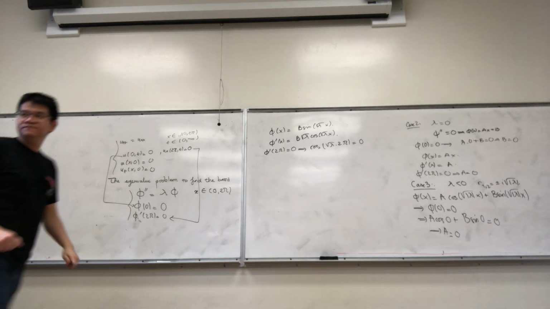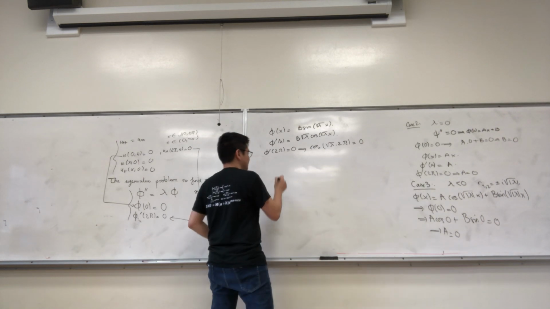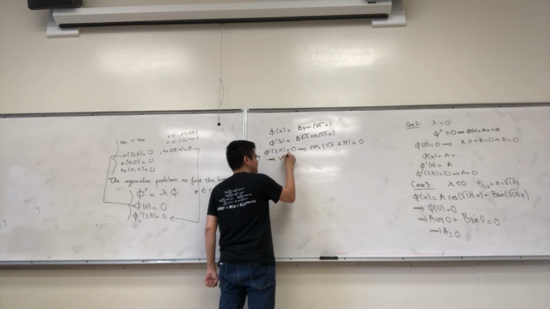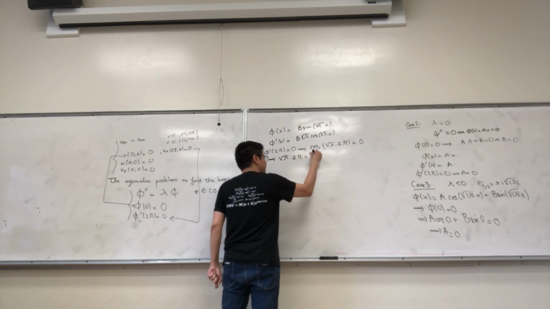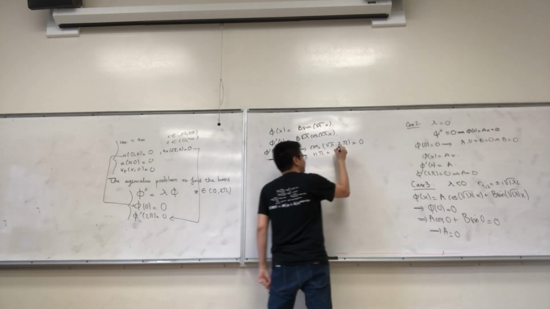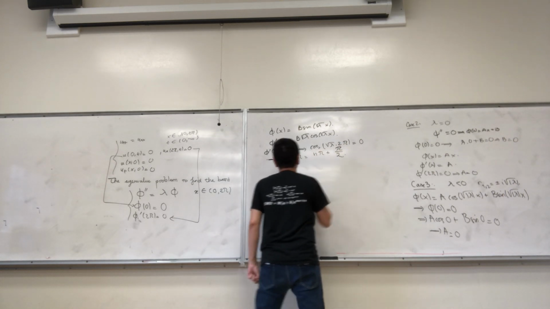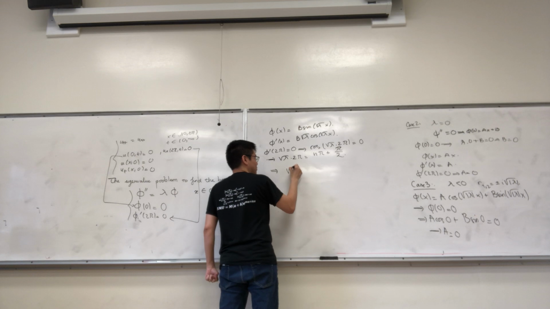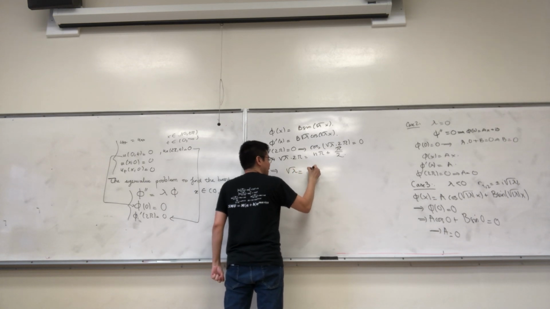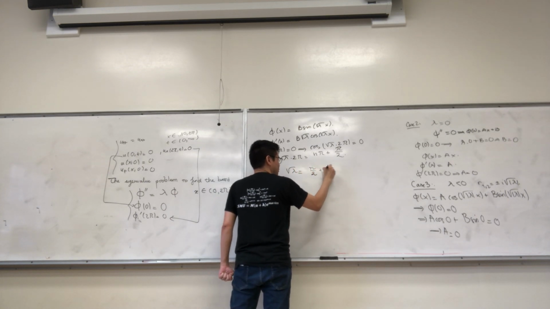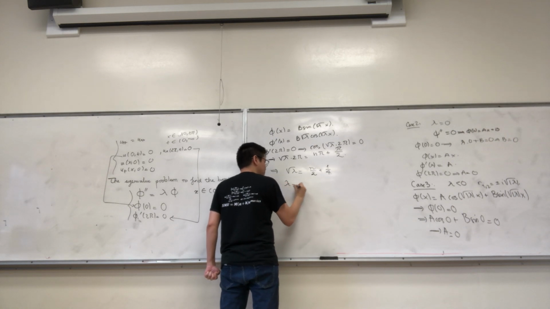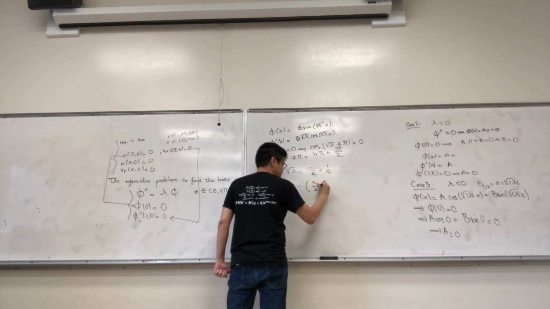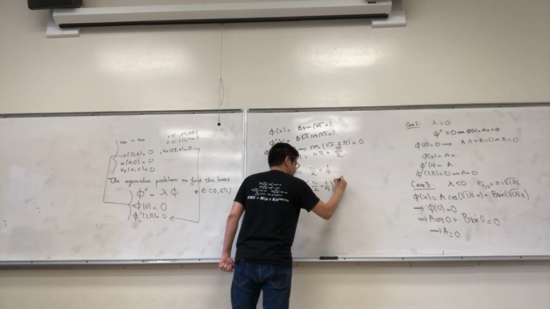So then we can solve for lambda. Square root of lambda times 2 pi will be n pi plus pi over 2. Right, so square root of lambda will be n over 2 plus 1 over 4. Lambda will be minus (n over 2 plus 1 over 4) squared.